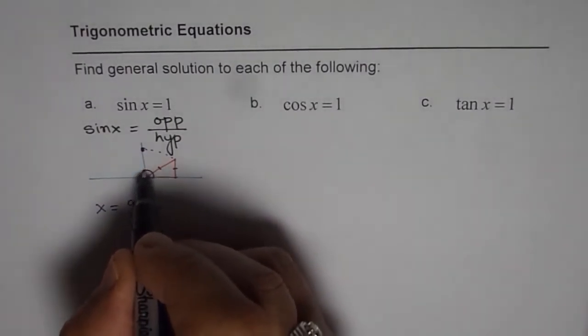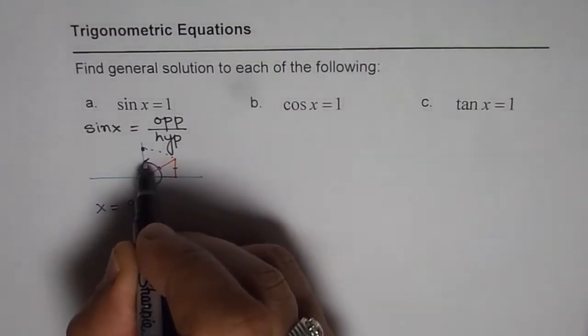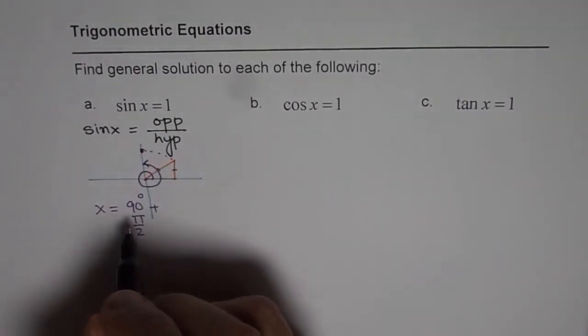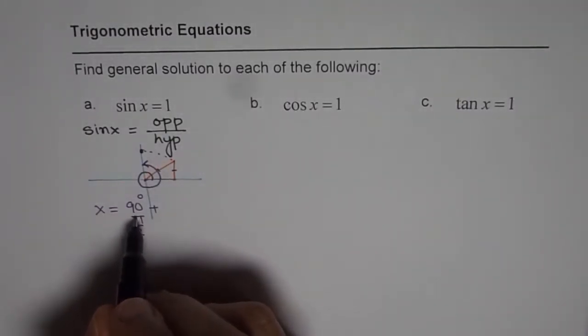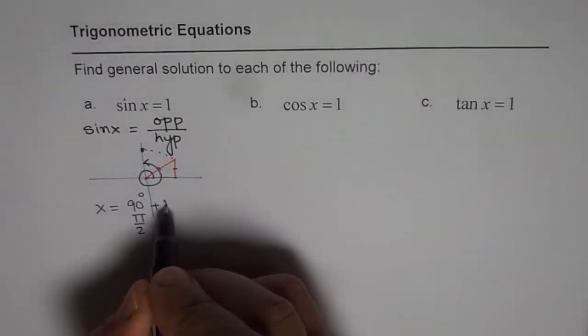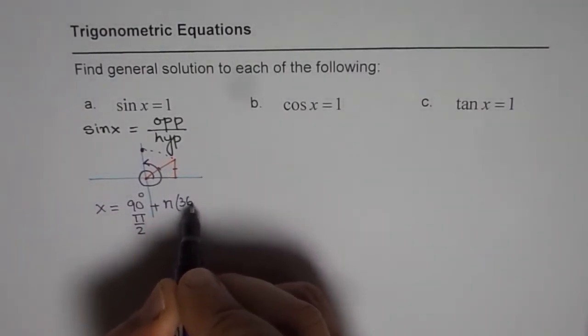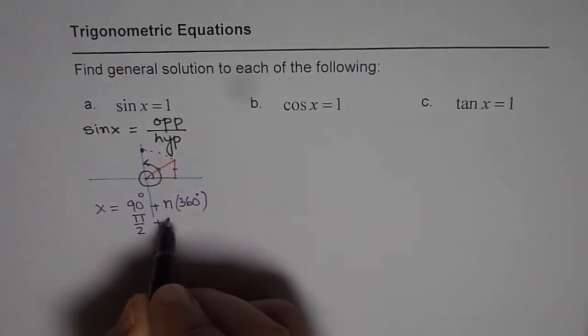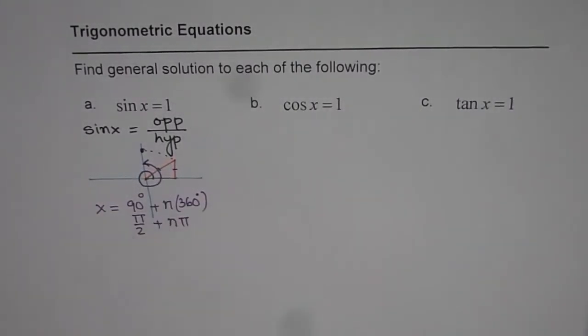So even after one full circle at this point, which will be 90 plus 360, it is going to be 1. So in general, I can write the general solution as 90 degrees plus n times 360 degrees, or I could write pi by 2 plus 2n pi. So that becomes the general solution for sin x equals 1.